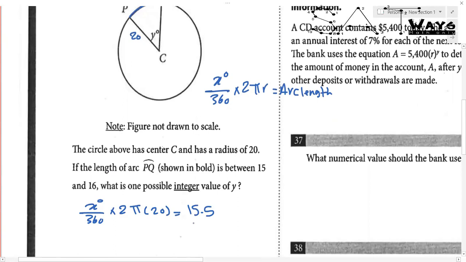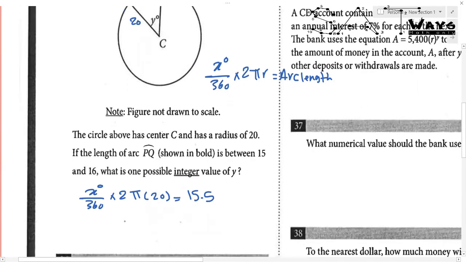So on your calculator, x over 360 multiply 2 pi multiply 20 equal 15.5, so x equals 44.4. And he's saying what is one possible integer, so you're going to take only 44.